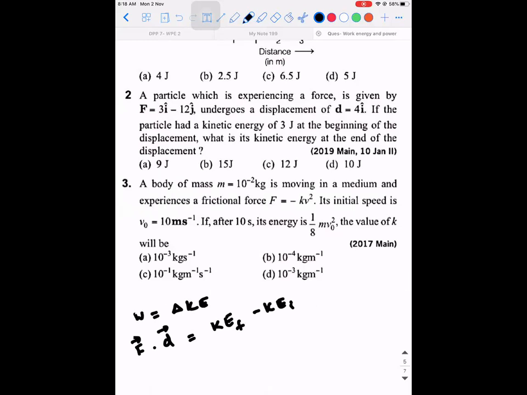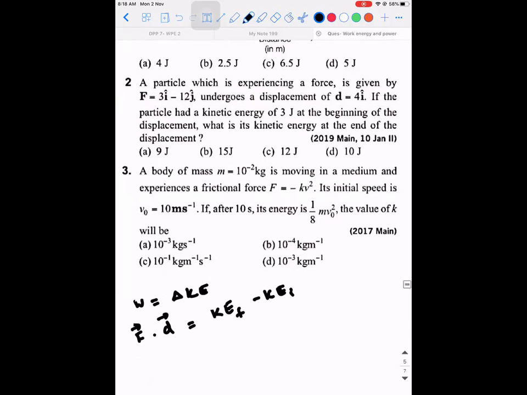When you do the dot product between both, 3i cap minus 12j cap dot 4i cap. How much is it? It's 12.